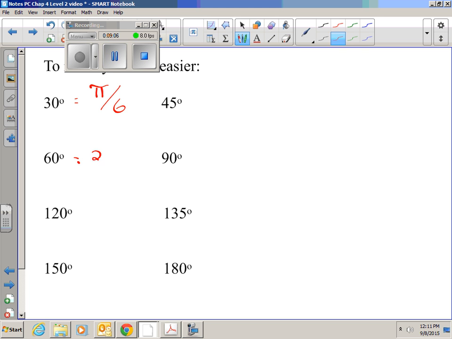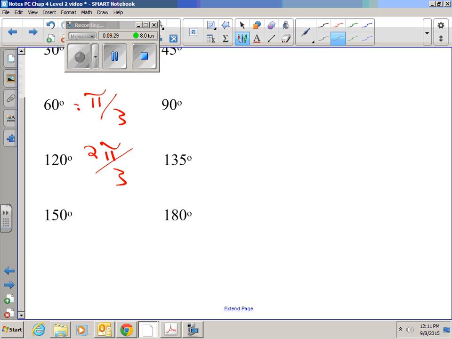This therefore is 2 pi over 6, which is pi over 3, my fault. Pi over 3. 120 we just said is double that, which is 2 pi over 3. And 150 is going to be 5 pi over 6.